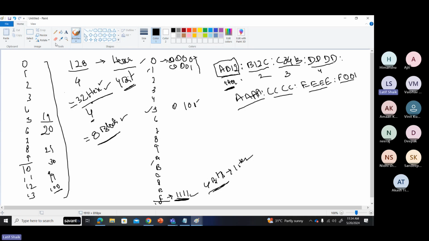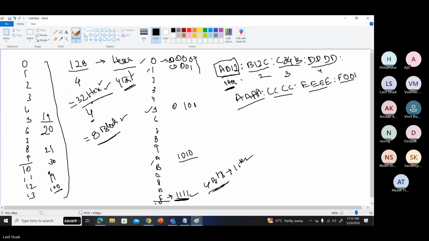That is hexa 5. If you take A, it is 1010, like 10 in decimal. So each hexa requires 4 binary bits.